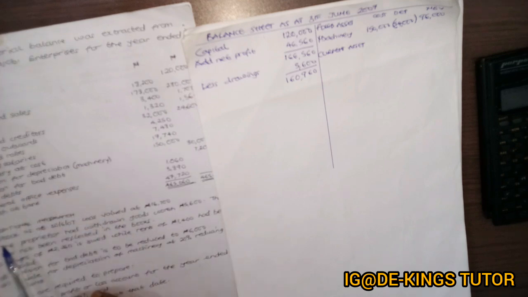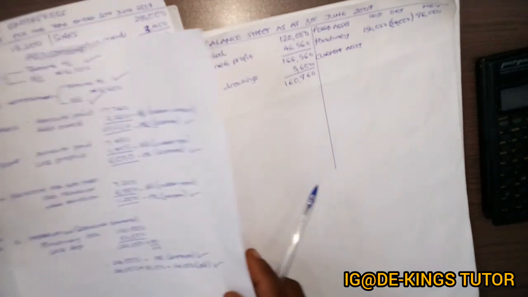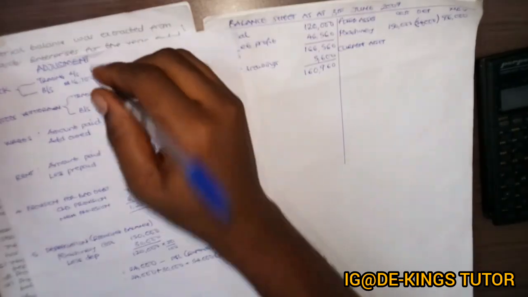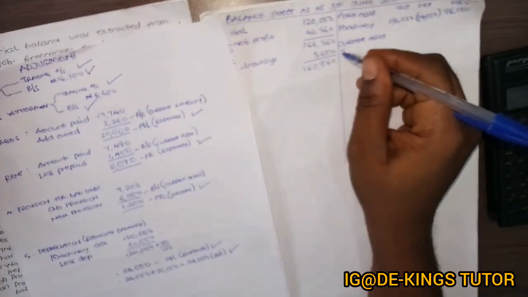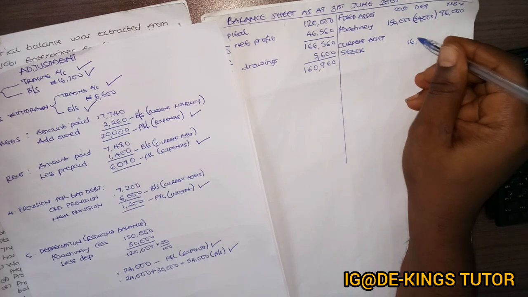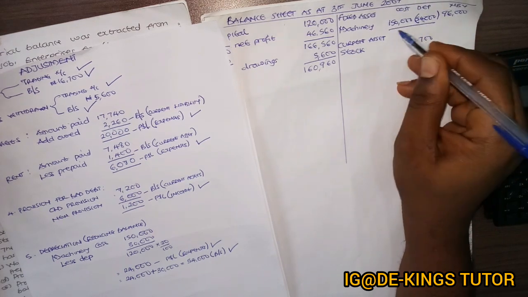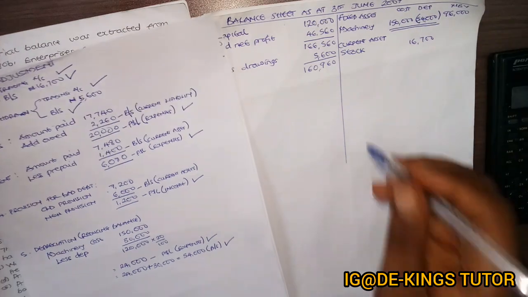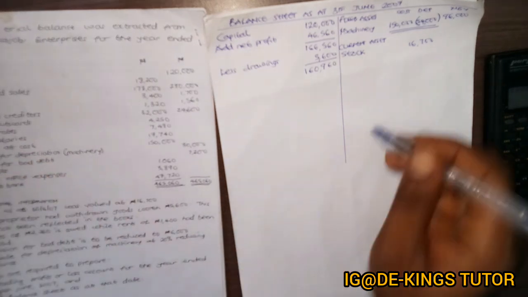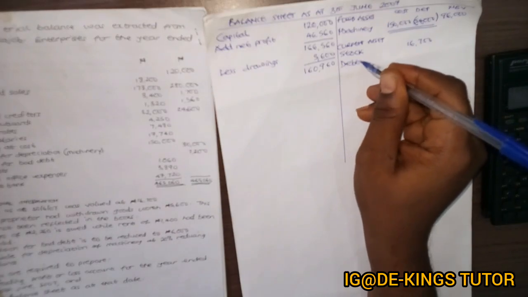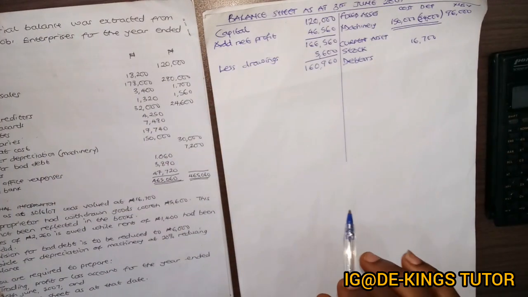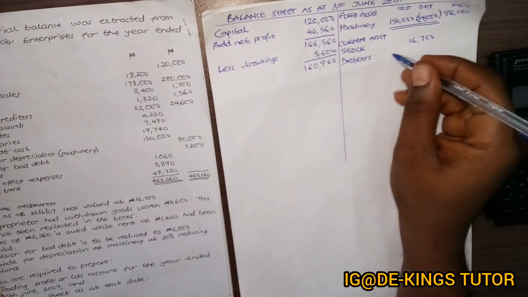The first one is our stock. Remember our stock? It's coming to the balance sheet. This is the second time. So write stock here, 16,700. The next one is debtors. Debtors is how much? 32,000.